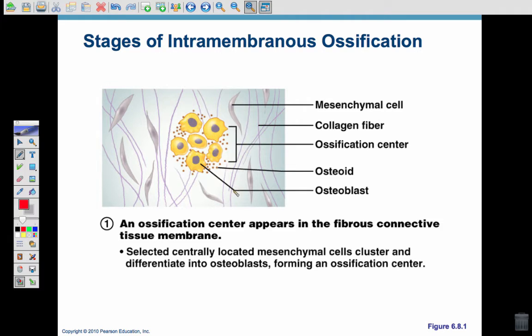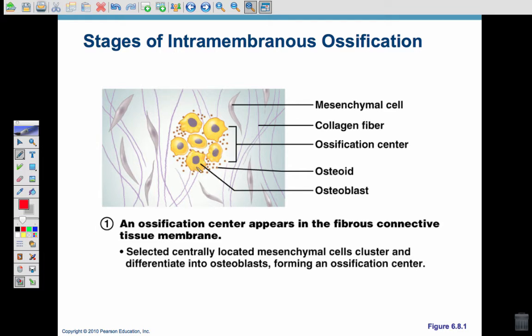Some mesenchyme cells begin to cluster. They differentiate into osteoblasts, which, as I mentioned earlier, are the kinds of cells that create new bone cells and ultimately osteocytes. They are also capable of making osteoid, and so they secrete the osteoid.